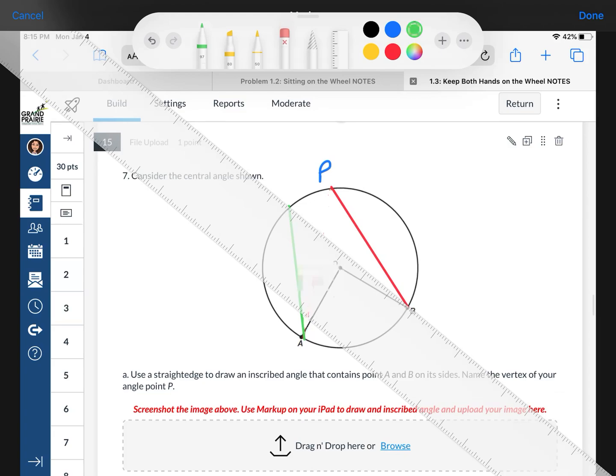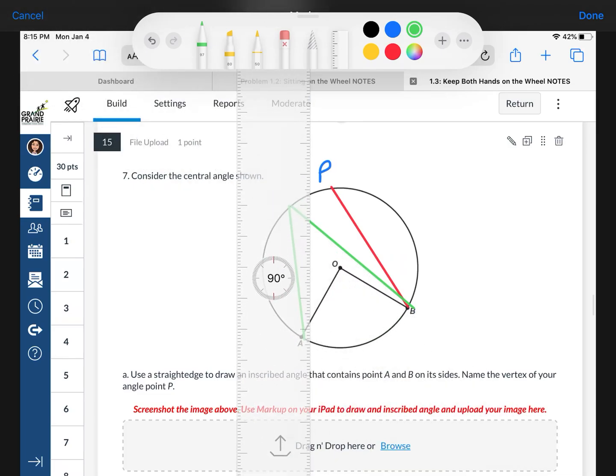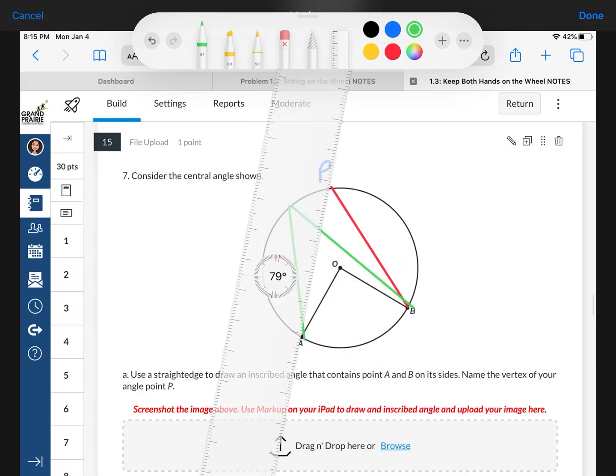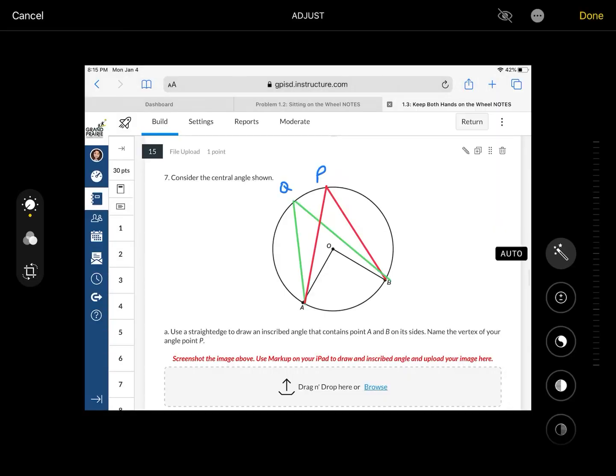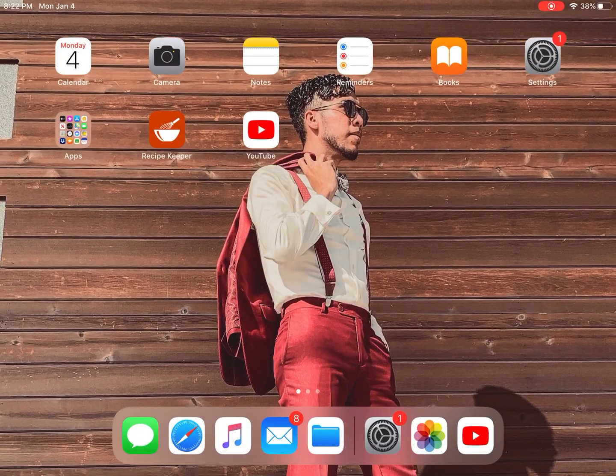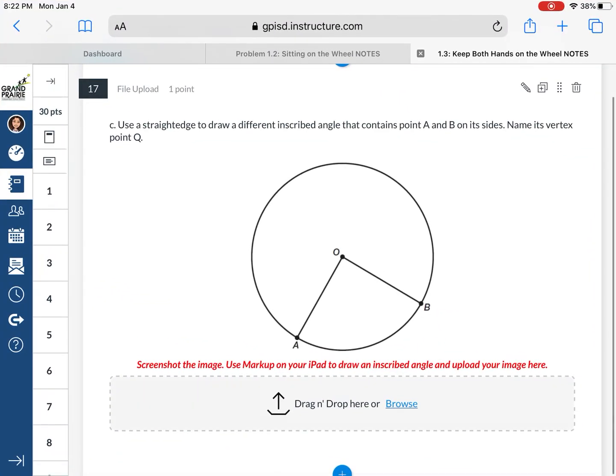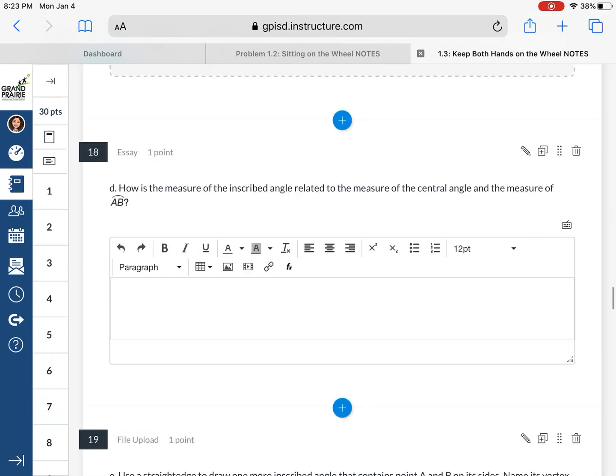Oops, gotta draw that red line again. And there we have it. I think they told us to name this Q. And done, and done. And go ahead and upload that.